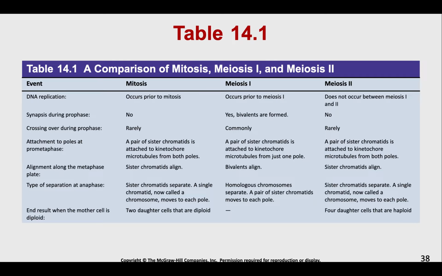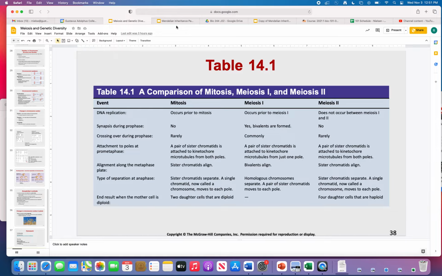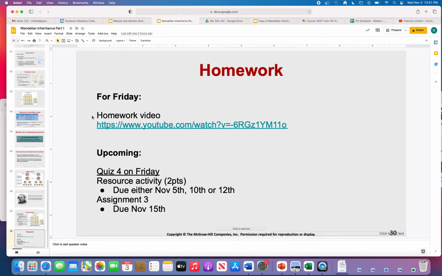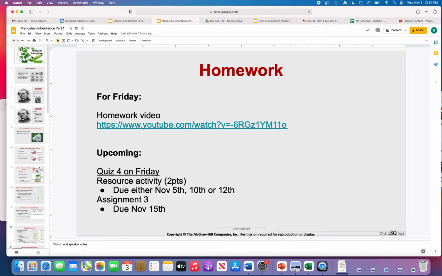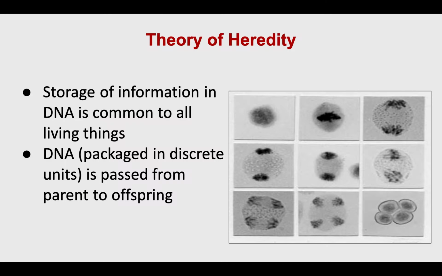We're going to move on to the next slide. This table I presented earlier, and it's up there for your reference. All right, so we're going to look at Mendelian inheritance. The theory of heredity is that storage of information in DNA is common to all living things.